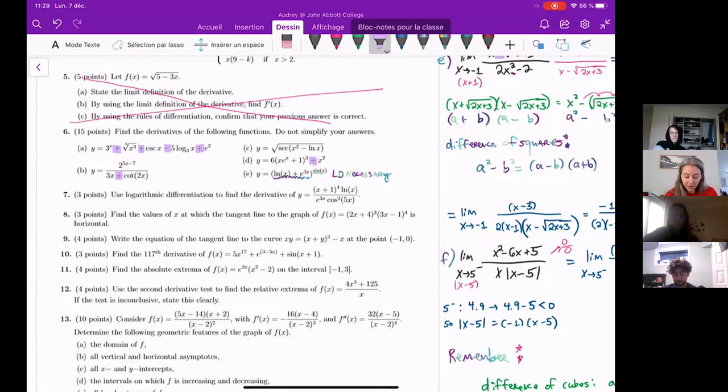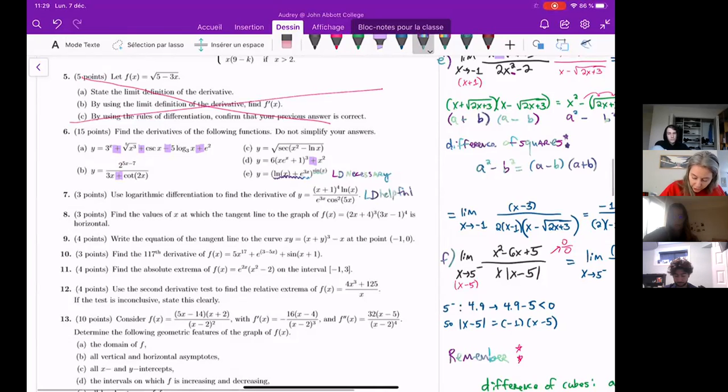Whereas if you look at 7, logarithmic differentiation will make this a much easier problem. You don't have to use it because again, there are no x's in the base and no x's in the power. There's just x's in bases with numbers as powers and numbers in bases with x's as powers. So here it's not necessary, but it's definitely going to be helpful.